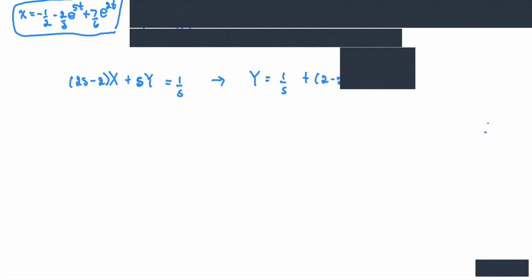So from what we have, which is 2s minus 2 times x plus s times y, this is s, equals 1 over s. So then the capital Y, you just move the terms over. So 1 over s minus, I'm going to change to the plus 2 minus 2s of the x, and then divided by s, which is multiplied by 1 over s.